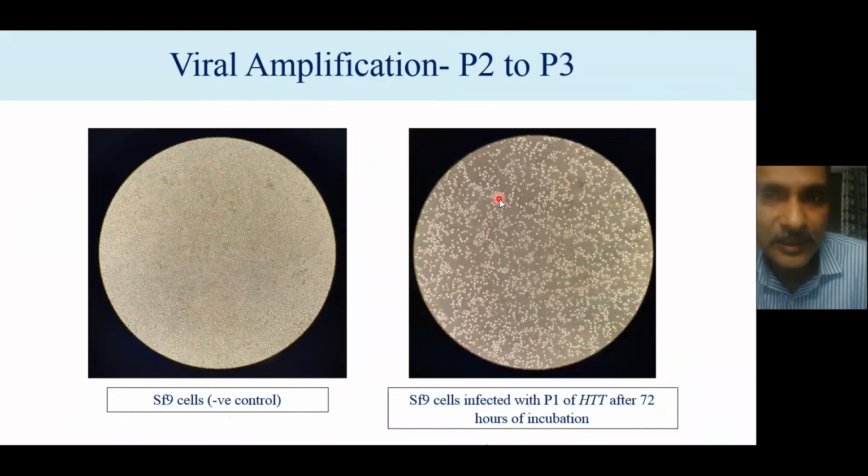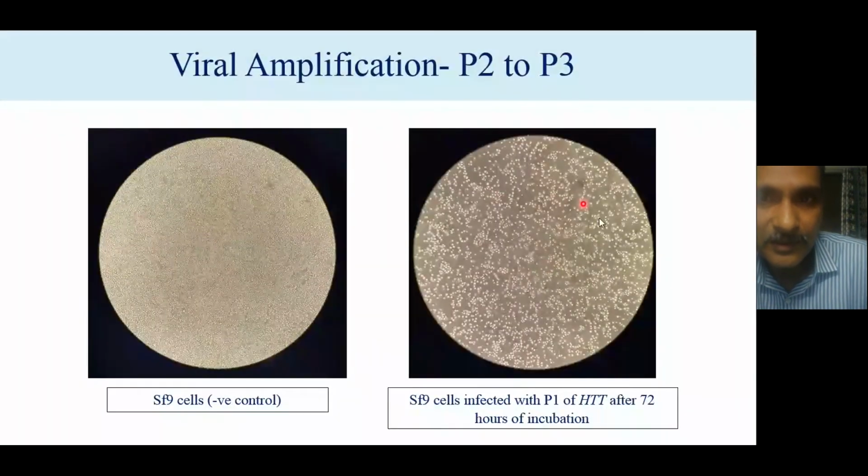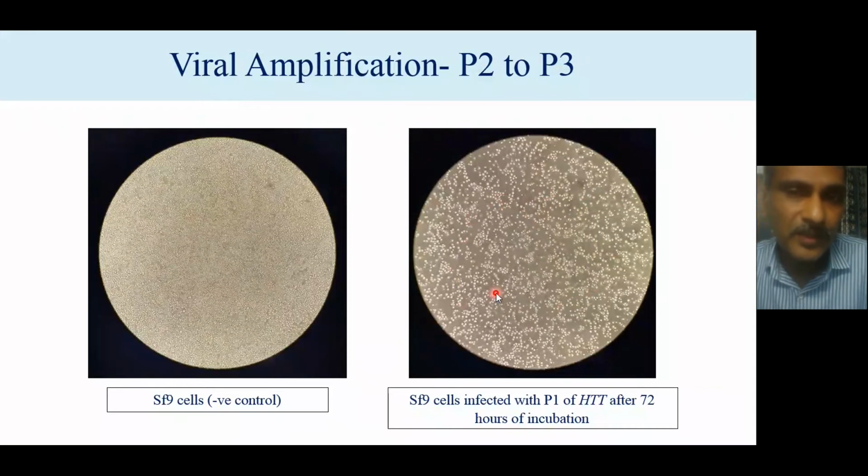This is a good indication that the cells have got infection with baculoviruses. Once you are confirmed that the cells have infection, you can go for amplification of the viral titer. You do P1, P2, P3. After P3, you can go for large-scale protein production.